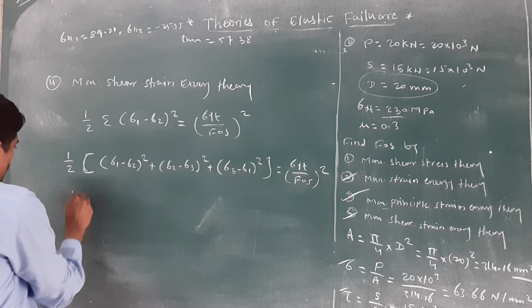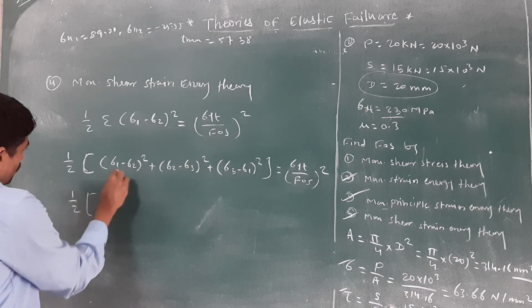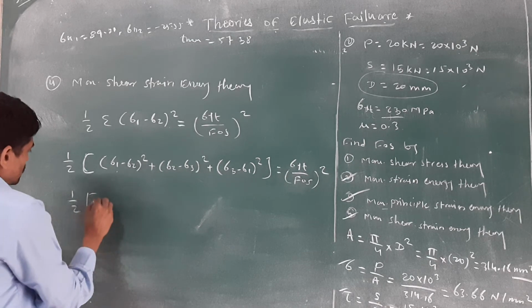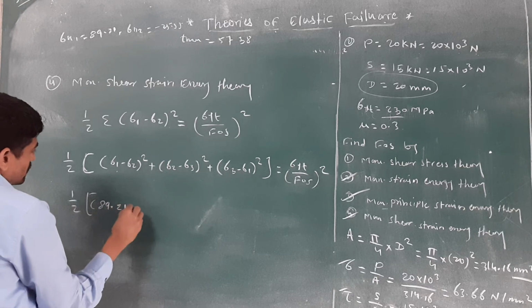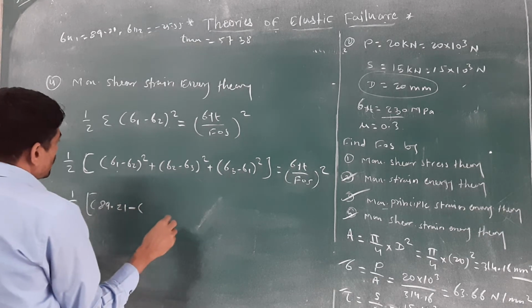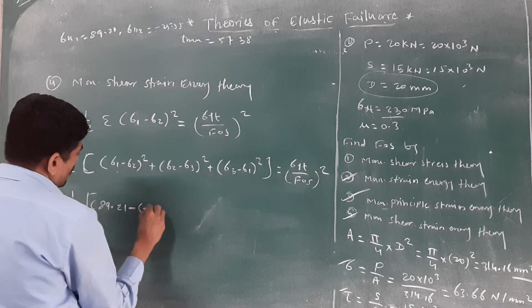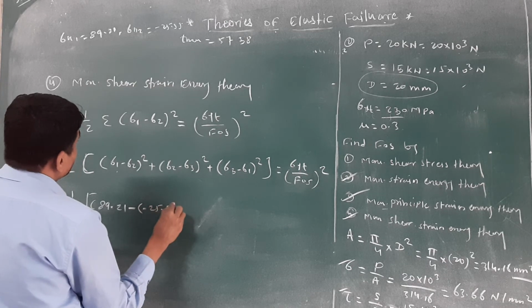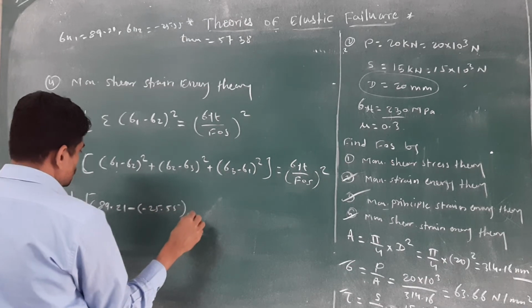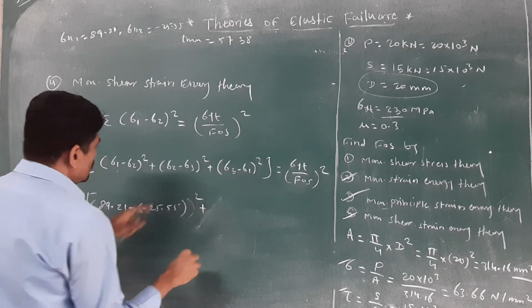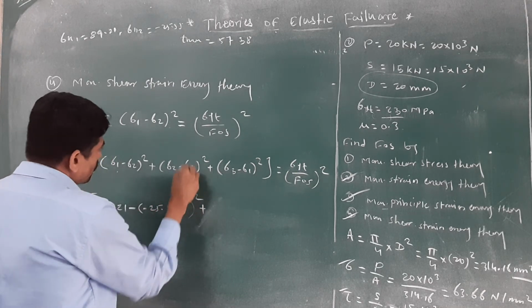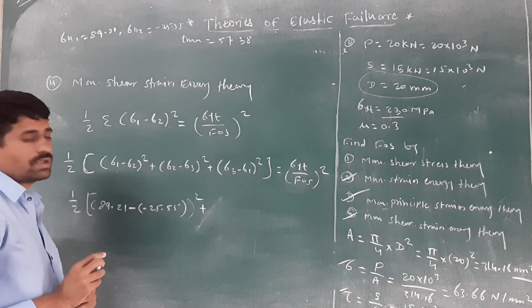Again I will put the value 1/2. What is sigma 1? This is 89.21, minus sigma 2 value, 25.55. This bracket square is there, plus sigma 2, we don't have the sigma 3 value, put 0.